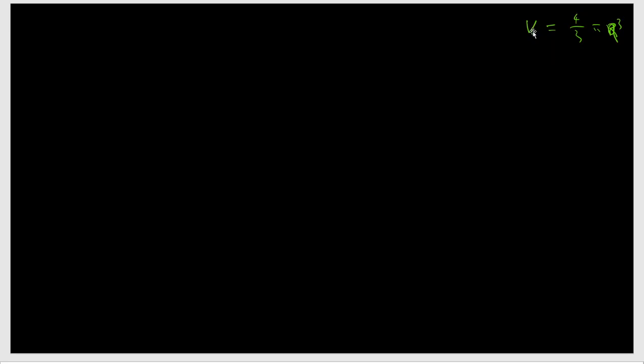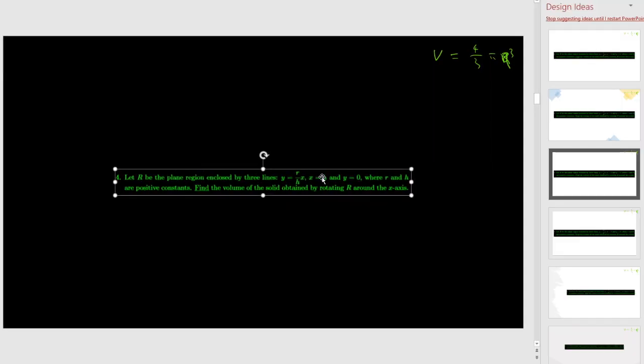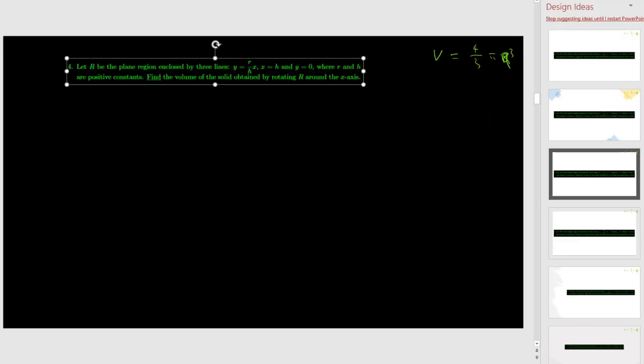I'm trying to say in the future you do not need to memorize. You just treat the sphere as the solid rotated from the upper half of the circle, and then you can get the volume using an integral. Now my intention on this one is to show you why the formula of the volume of a cone is true.